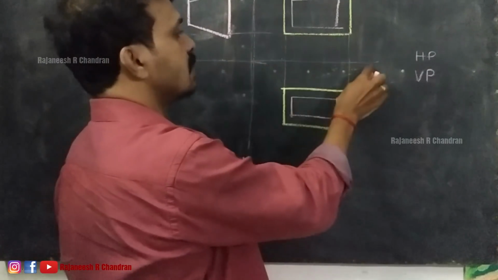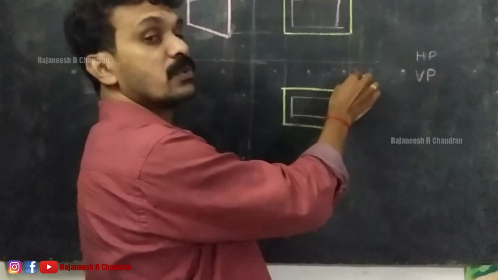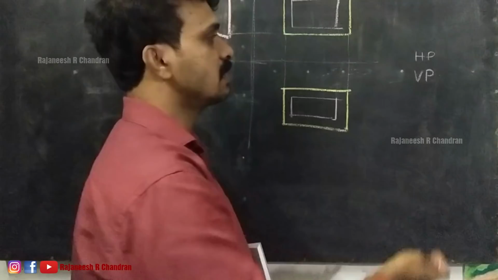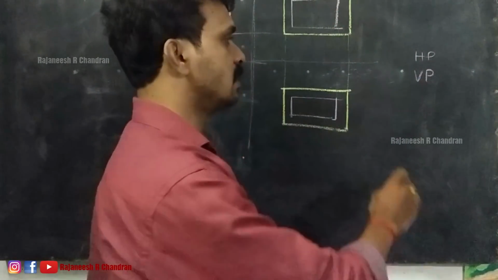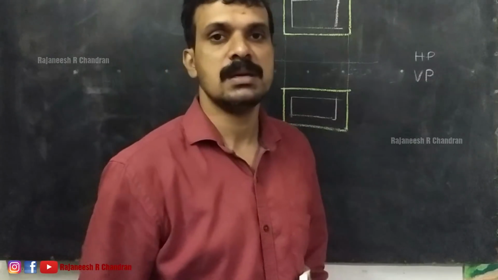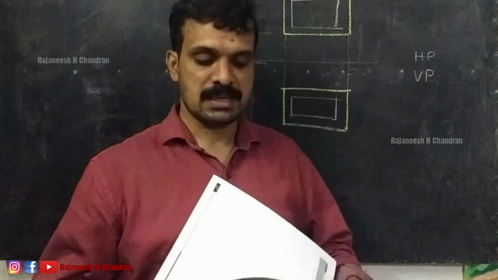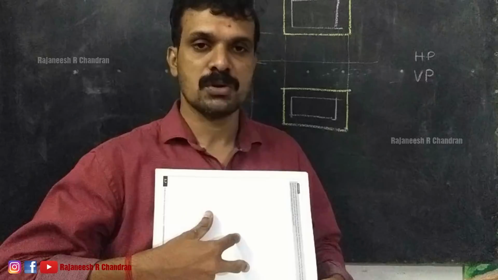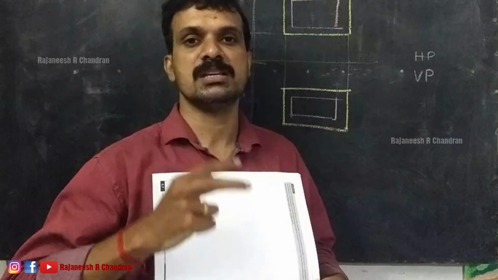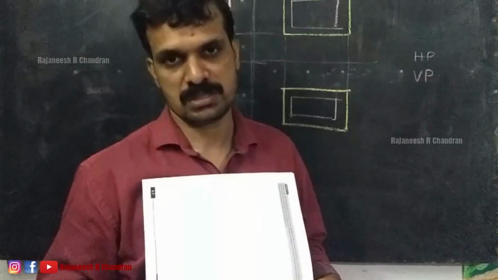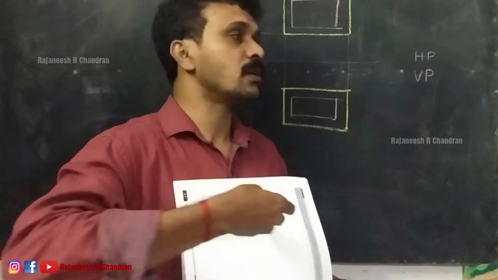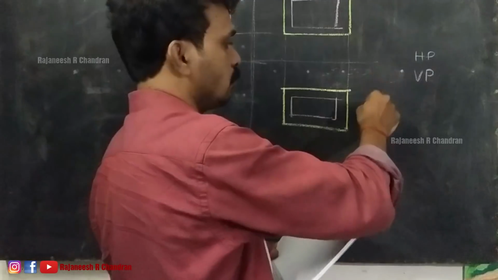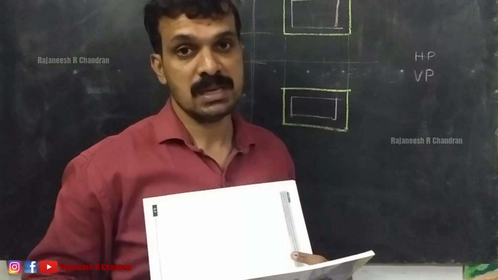If we see this horizontal reference line, the portion on top of it we can say is a part of VP, and the portion below we can say is a part of HP. In that manner, the images placed on the VP as well as on the HP can be differentiated. So on top of the reference line there is VP, and on the bottom of the reference line there is HP.